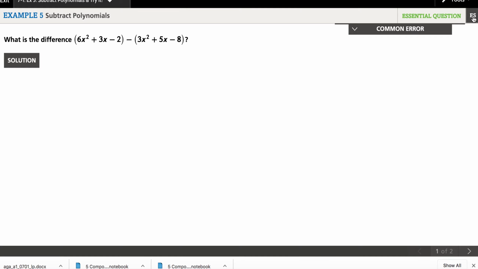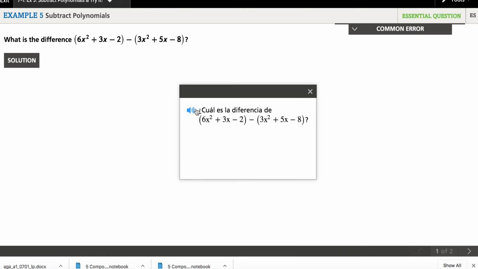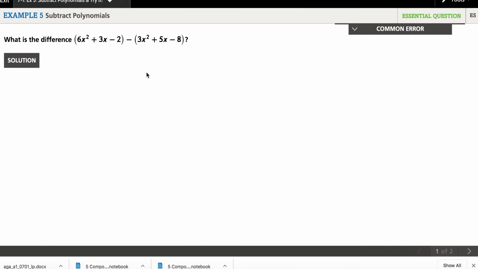Let me translate this in Spanish version. ¿Cuál es la diferencia de 6 por x al cuadrado más 3x menos 2 menos 3x al cuadrado más 5x menos 8? What is the difference, the quantity 6 times x squared plus 3 times x minus 2 minus the quantity 3 times x squared plus 5 times x minus 8?